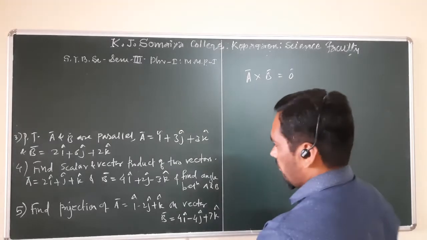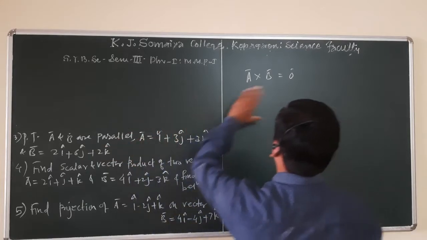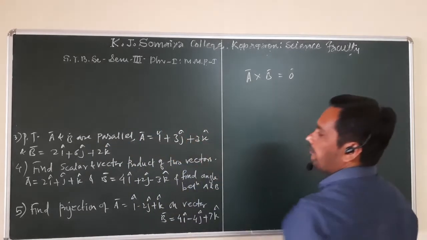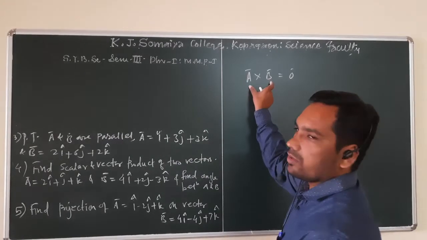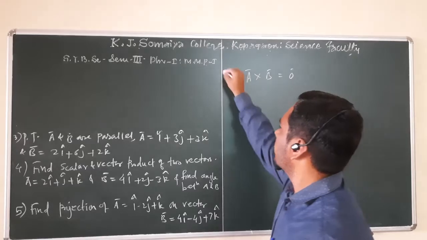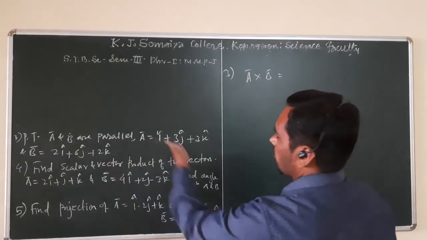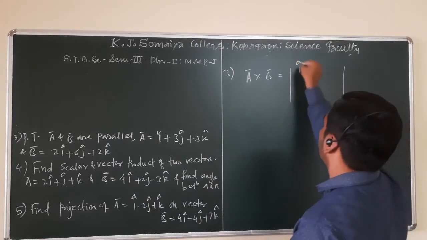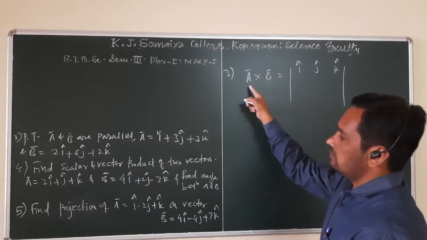If we find the cross product of A and B, and if that cross product is 0, then we can say that vectors A and B are parallel to each other. Okay, so we have to solve the cross product of these two vectors. Therefore vector A cross B is equal to the determinant of these two vectors.